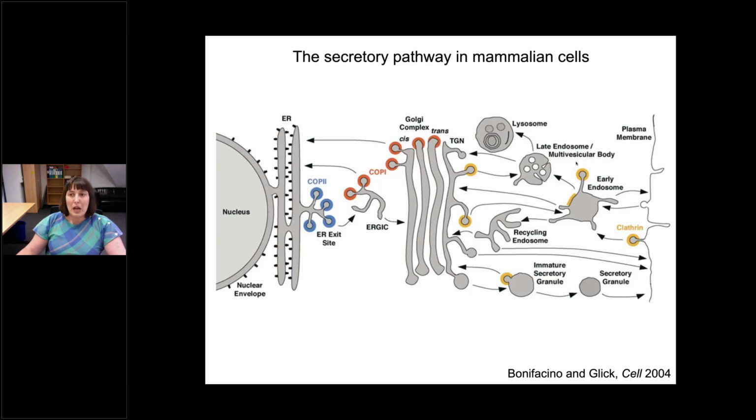I am not going to go into much detail about the biology, just a brief introduction. We want to understand how proteins are sorted through the secretory pathway in mammalian cells. Cells are compartmentalized into different organelles and membranes with different functions.